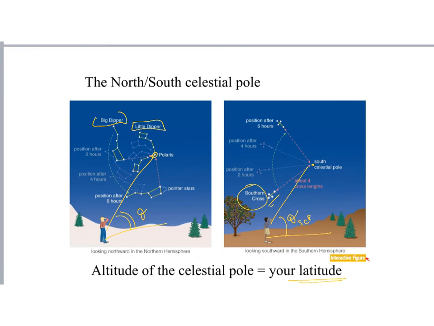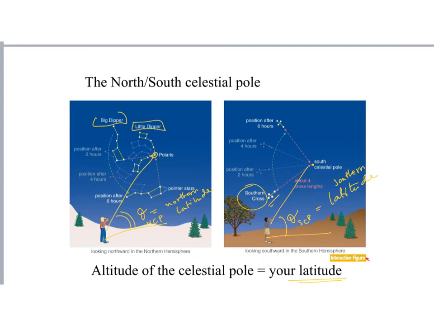You can find that, and that's your latitude, but that's in the southern hemisphere, so that's the southern latitude. And if it's the north celestial pole, that's going to be the northern latitude.